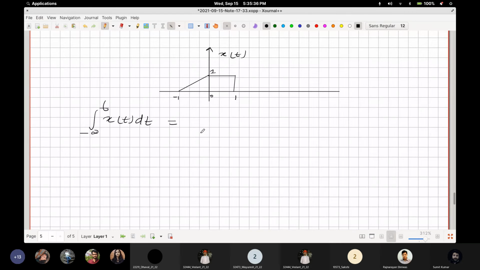And can you see that this is another function f of t? You see that this integration is a function of time, isn't it?